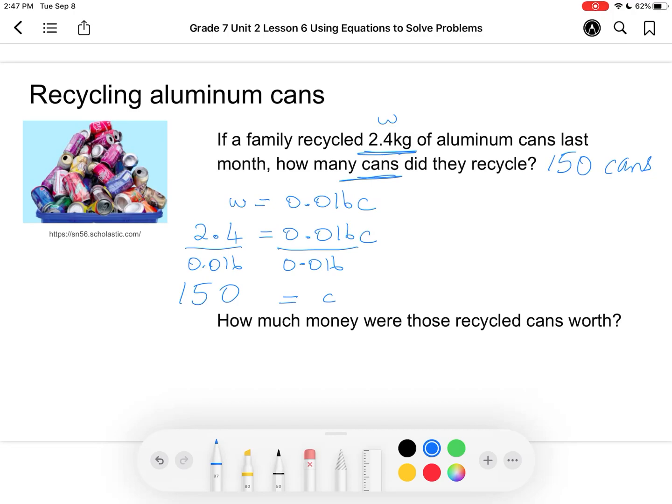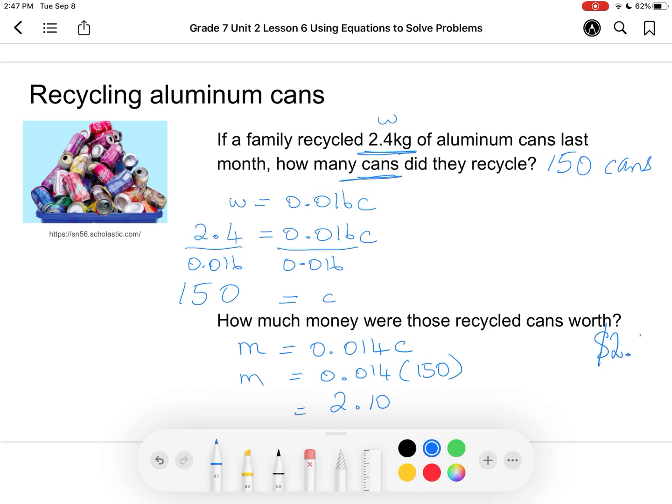And then the equation relating number of cans to money was M equals 0.014C. So I know I've got 150 cans, so 0.014 times 150 will give me M, and that is equal to $2.10.